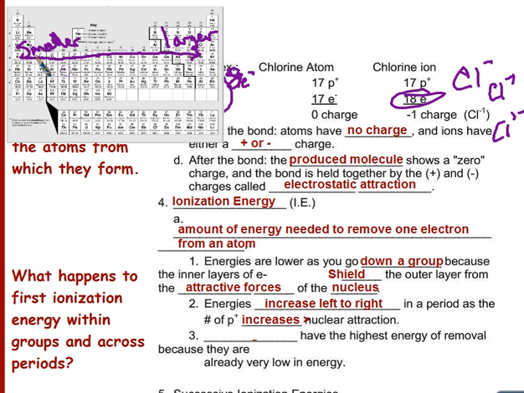Even though the size is large to small, because these are larger and these are smaller, the ionization energy over here is smaller, and down here it's larger.